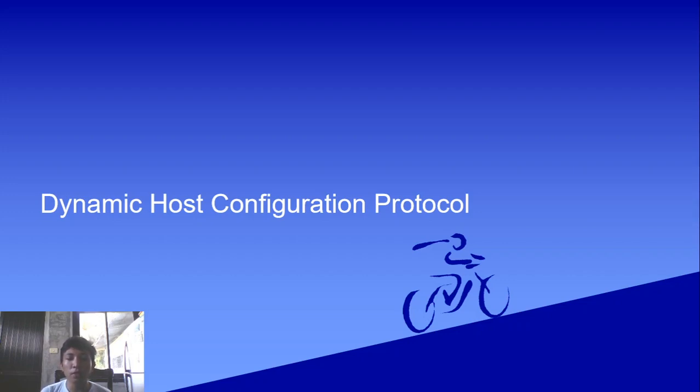This is referred to as dynamic addressing, and the alternative to dynamic addressing is static addressing. When using static addressing, the network administrator manually enters IP address information on hosts. When a host connects to the network, the DHCP server is contacted.